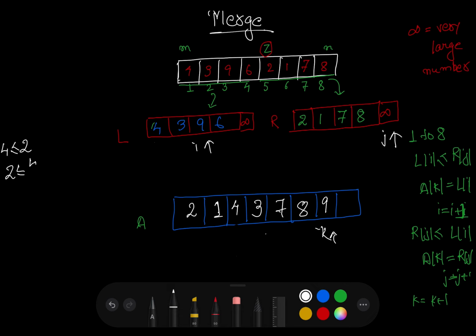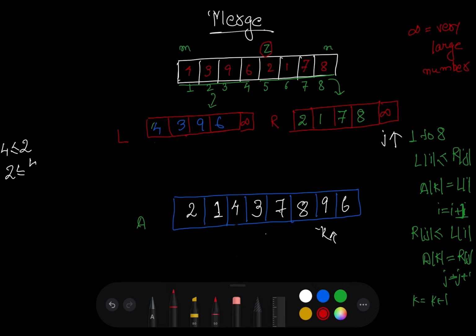So 9 will be pasted here, and now i will get incremented, and 6 is greater than 5, so 6 will be pasted here. So the main idea behind doing this is this thing. Okay, so that's how it works, and it will terminate. So 1, 2, 3, 4, 5, 6, 7, 8. 8 times it will run, and it will terminate.